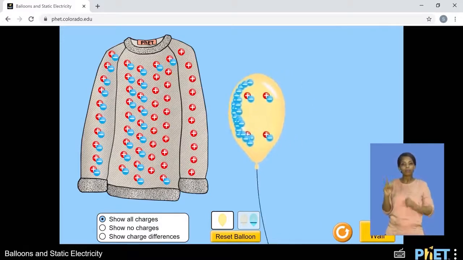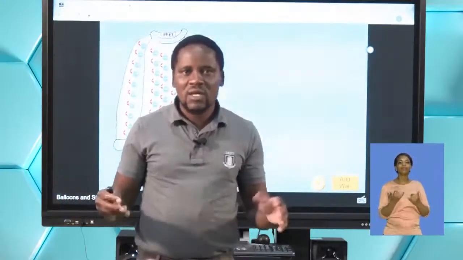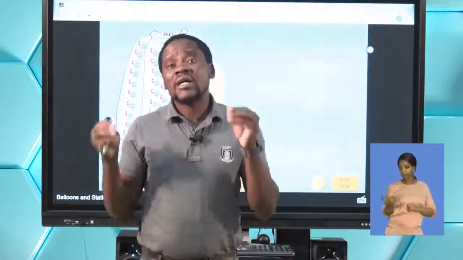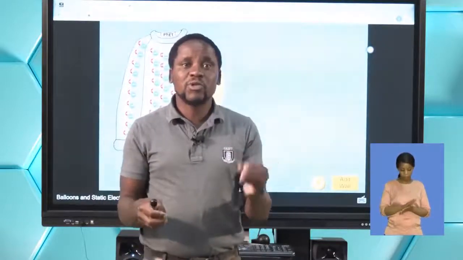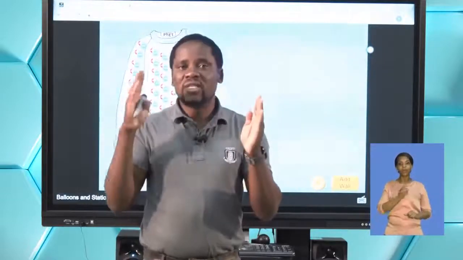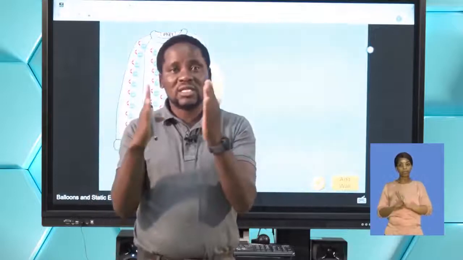Now, beyond just the transfer of charges, you also need to recognize that there are electrostatic forces between the balloon and the jersey. The force exerted by the balloon on the jersey, because on this side they're positive and negative, which is oppositely charged, is an attractive force.